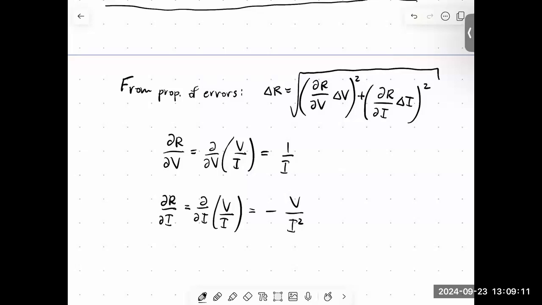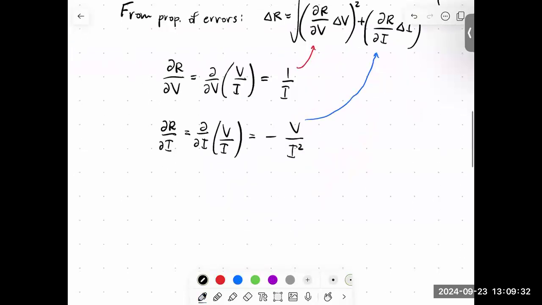So this derivative, strictly speaking, is a minus V over I squared, but because we're going to square everything, I don't really care about that overall minus sign up front. All right, and so then we're just going to sub in for our two derivatives and see what we get.